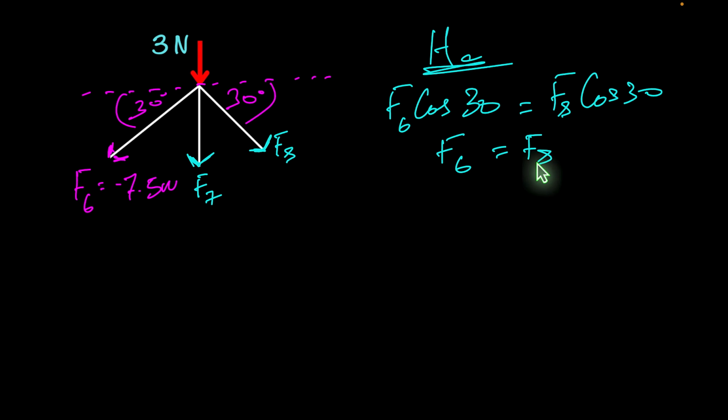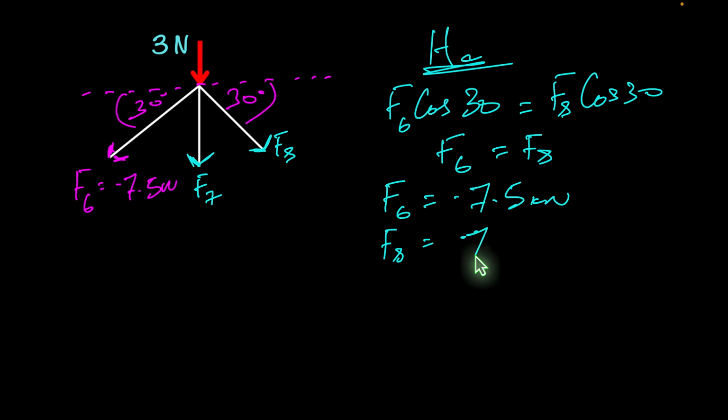And we already know what our F6 is. So therefore, F8 will be equal to F6. So F6 is equal to negative 7.5. Likewise, F8 equals negative 7.5. I just wrote kilonewtons, but they're all in newtons. So that's F6 and that's F8.